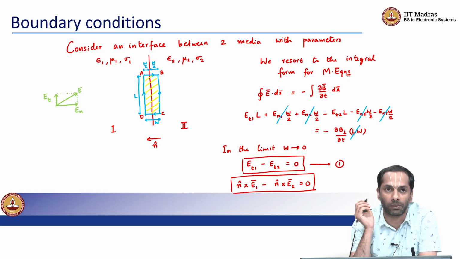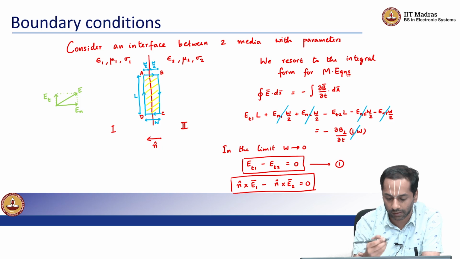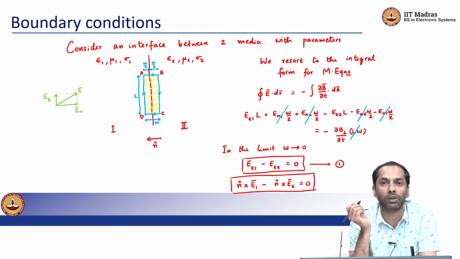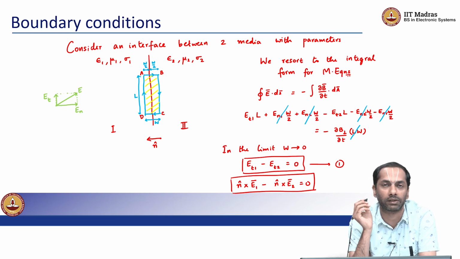So please look at it, the tail is in region 2 and the head is pointing into region 1. This is an arbitrary convention, but we have to be consistent, so we are going to keep this as the convention for all the 4 boundary conditions.